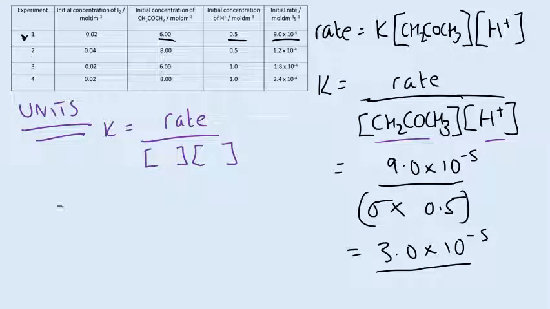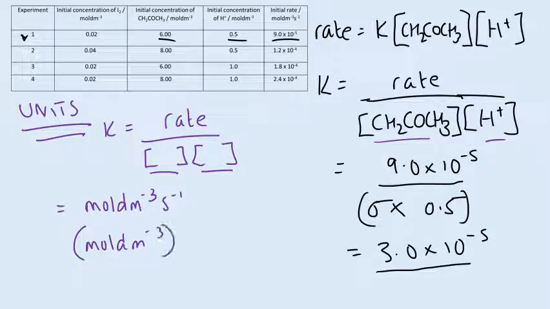So my units then, rate is measured in moles per decimetre cubed per second. Concentration is measured in moles per decimetre cubed. We're multiplying them together, so it's in fact moles per decimetre cubed, squared.